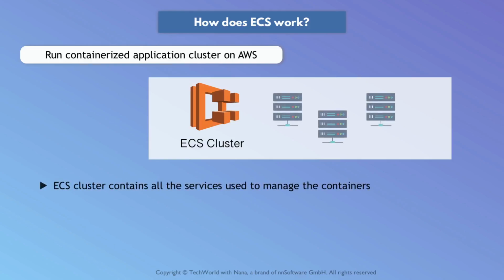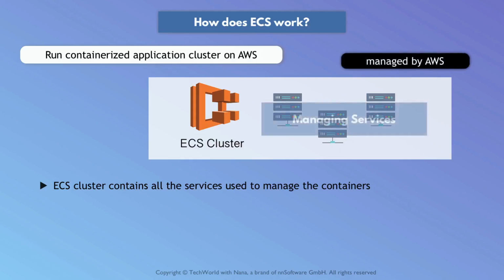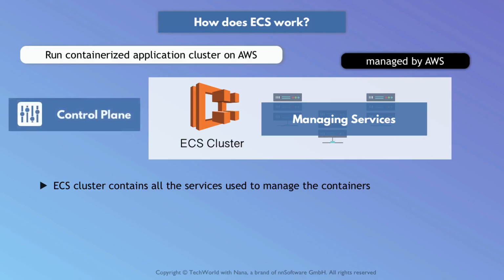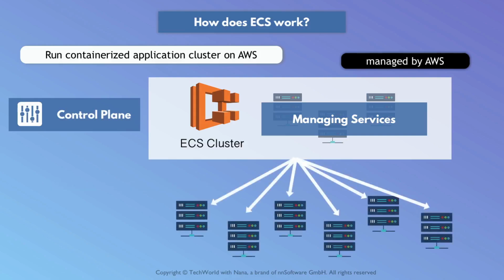And that ECS cluster will basically contain all the services that are necessary for managing the individual containers. So ECS cluster basically represents a control plane for all your virtual machines that are running containers.